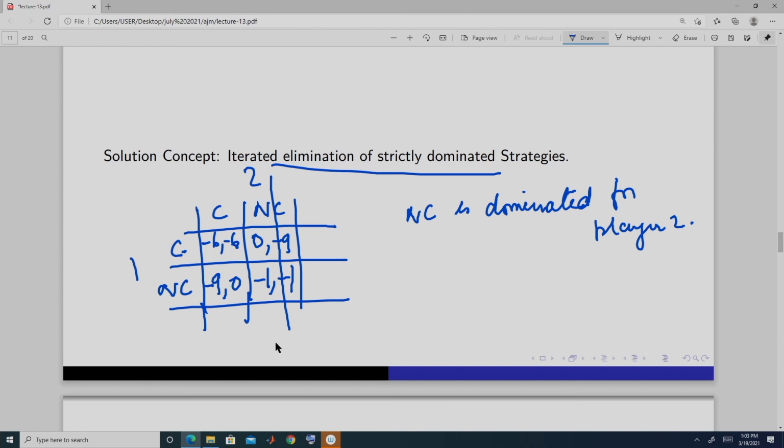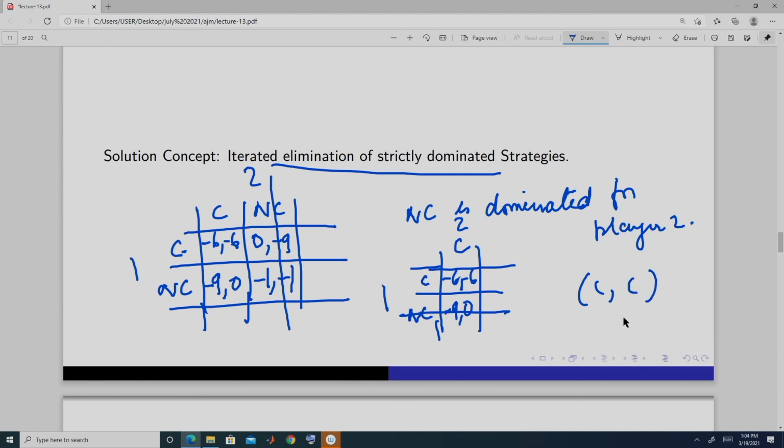So, this we remove, and then the game is reduced. Player 2 has no option now, but player 1 has options. It will compare -6 and -9, and it knows -6 is greater than -9. So, what is the outcome? The outcome is going to be CC always.